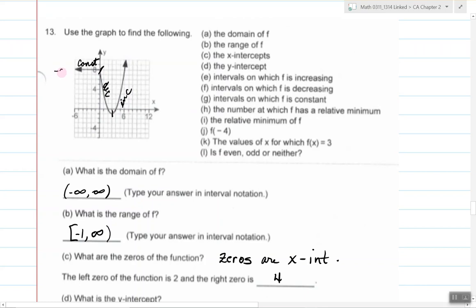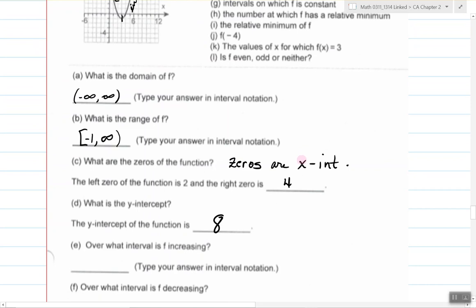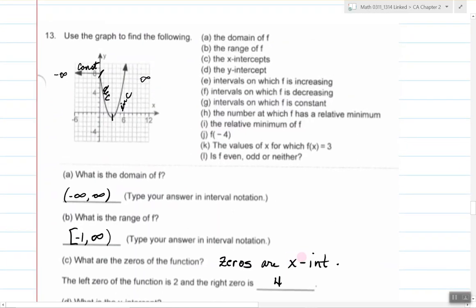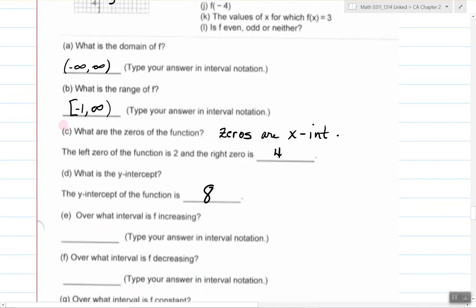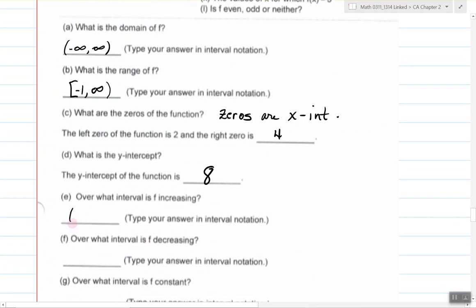So in the x sense, this is negative infinity. In the x sense, as I go this way, it's positive infinity. So it is increasing from x equals 3 to positive infinity. That will be an open interval.